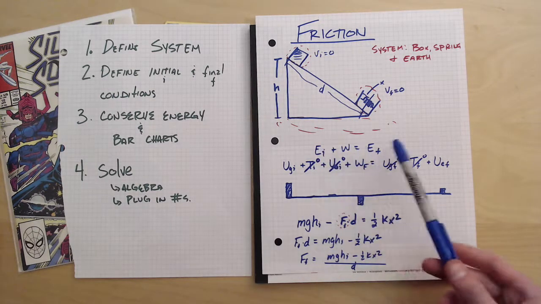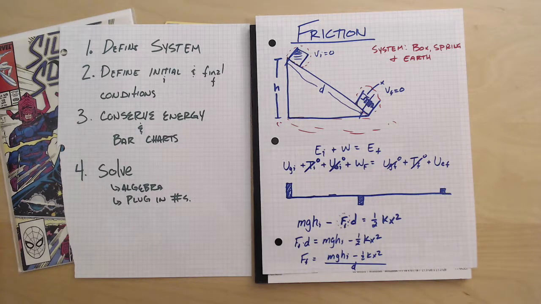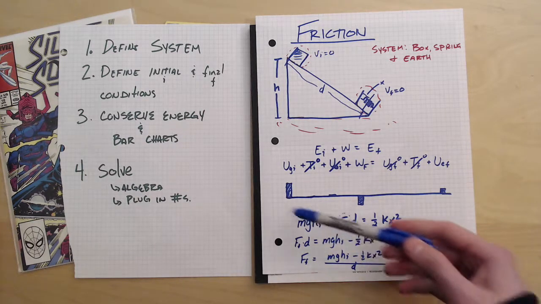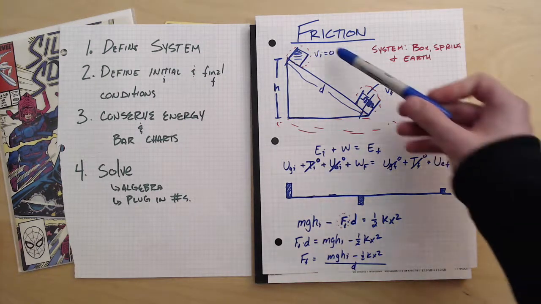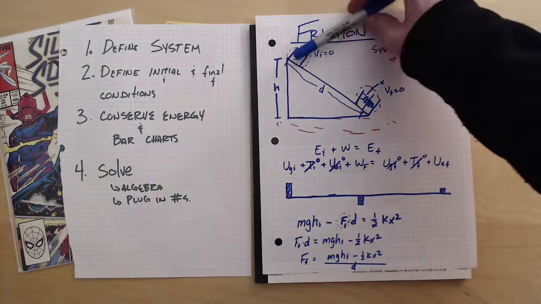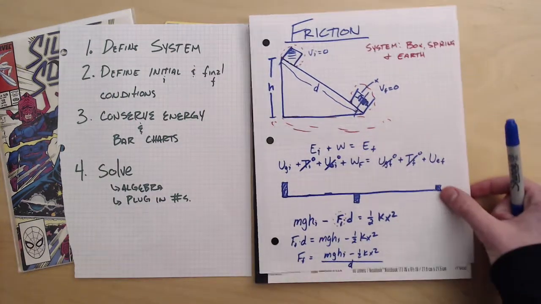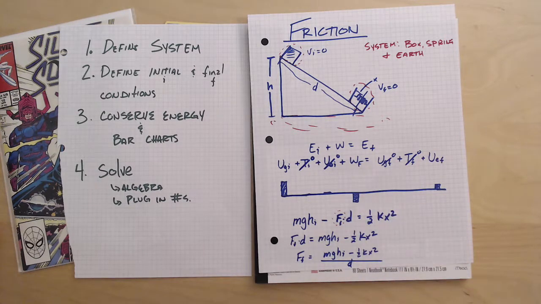We set up the conservation of energy equation, which we need to do every single time we do a problem like this. And then we thought about our bar charts.